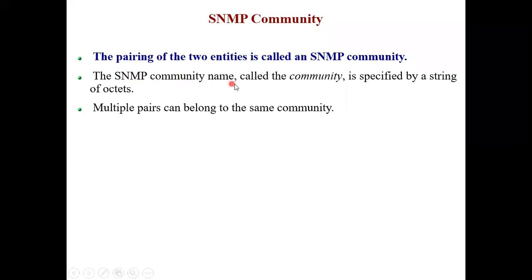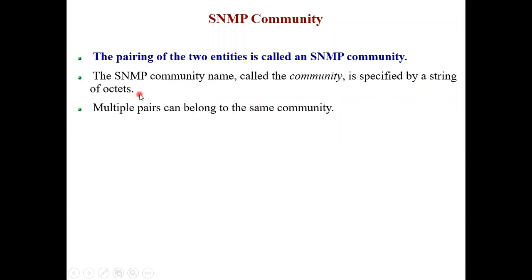So the SNMP community name is called by the word only community. It is specified by a string of octets. Remember, when we talk about anything, finally I have to write an ASN.1 coding to share that information, and I have to encode it using TLV encoding, and I have to write an ASN.1 program. So if I give a name to one particular community, it is specified by a string of octets.